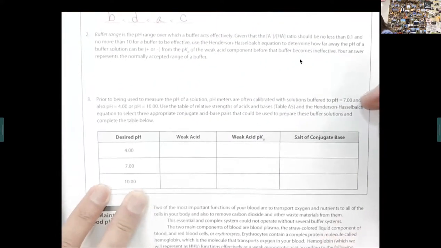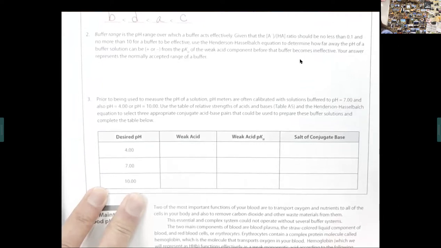Prior to being used to measure the pH of a solution, pH meters are often calibrated with solutions buffered to a pH of 7, and also a pH of 4 and 10. Use the table of relative strengths of acids and bases and the Henderson-Hasselbalch equation to select 3 appropriate conjugate acid-base pairs that could be used to prepare these buffer solutions and complete the table below.